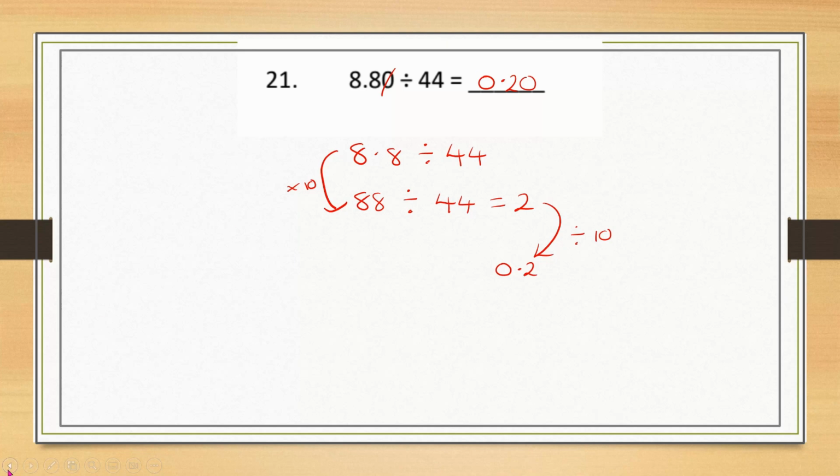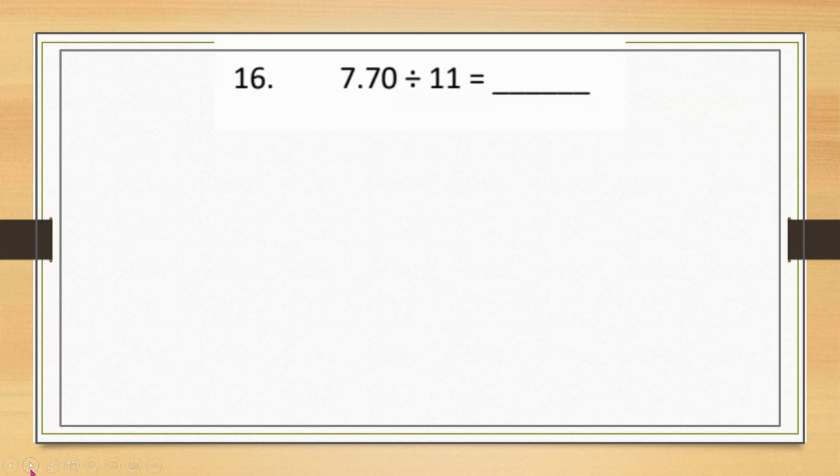Let's look at one more. So here, I'm going to do 7.7 divided by 11, just because it's slightly easier to look at and think about. So I'm going to change 7.7 to 77 divided by 11, and you know that's 7. What did I do to 7.7 to get to 77?